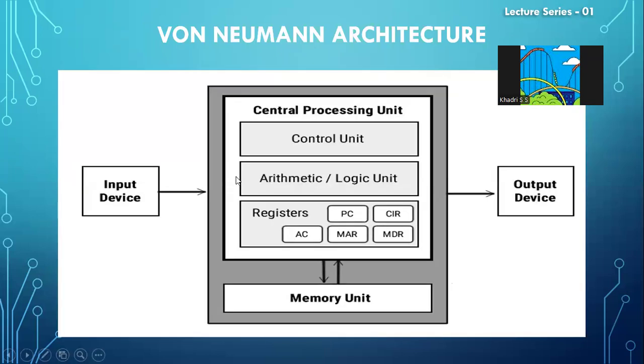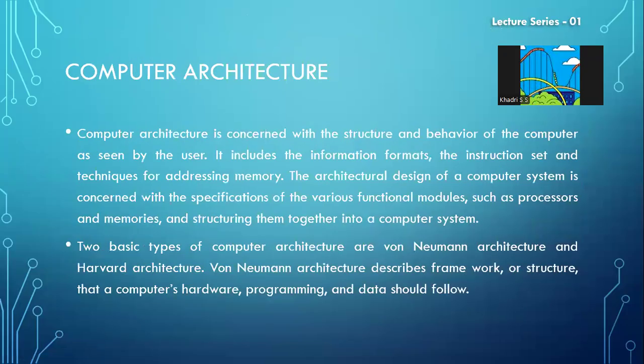Generally, as I said previously, Von Neumann architecture describes the framework and structure that computer hardware, programming, and data should follow: how exactly data flows from top to bottom, bottom to top, and from input to CPU and then output.